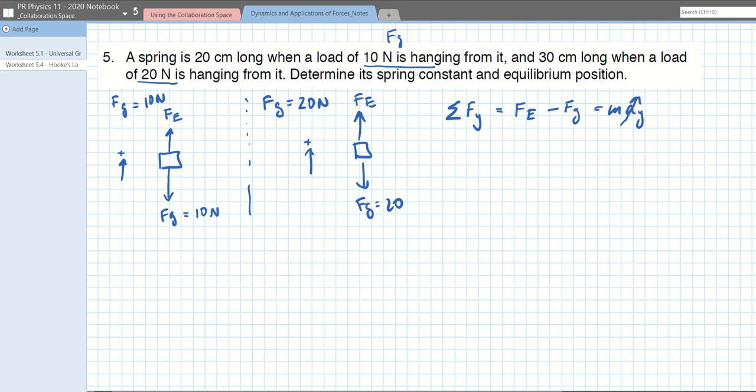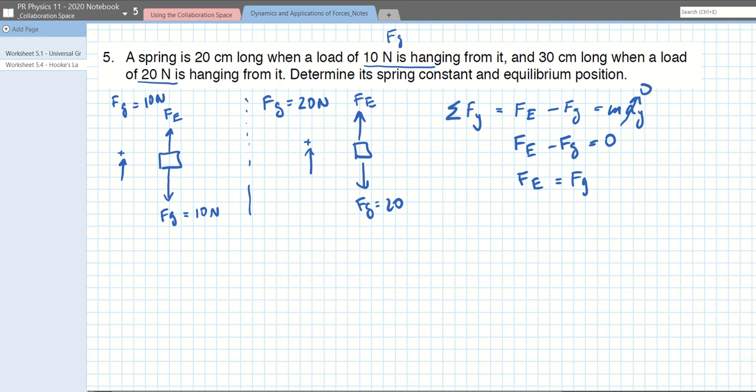That leaves us with Fe minus Fg equals 0, and therefore these are equivalent. The spring force, or elastic force, will equal Fg.